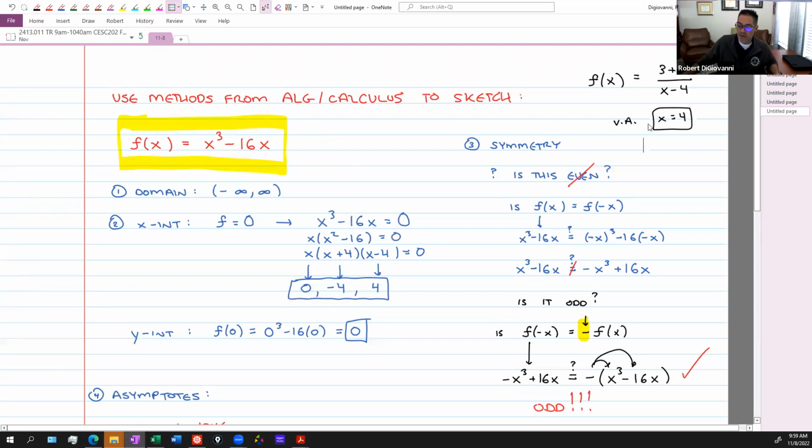Well, because when you plug 4 in, you get 7 on top and you get 0 on the bottom. 7 over 0 is undefined. So at 4, there's something crazy happening. So what we would have to do is take a limit as x approaches 4 from the left and right to figure out which way the graph is going. But I'm just giving you an example of one that would have a problem. All right, this one doesn't have a problem.